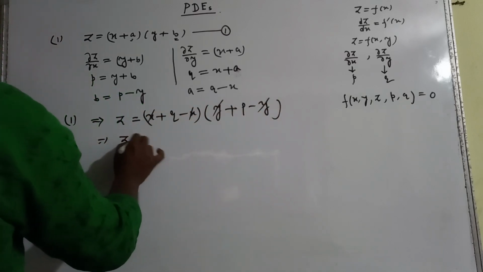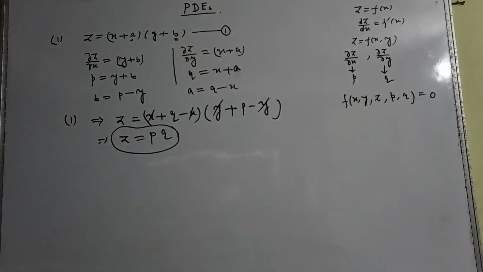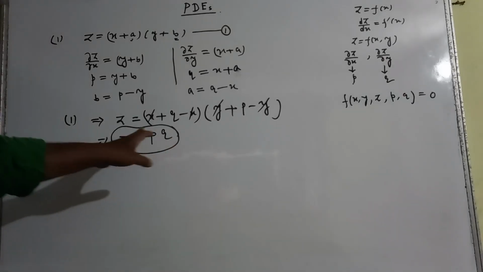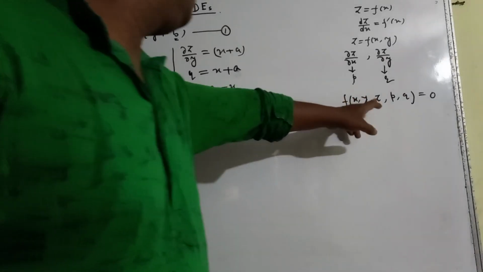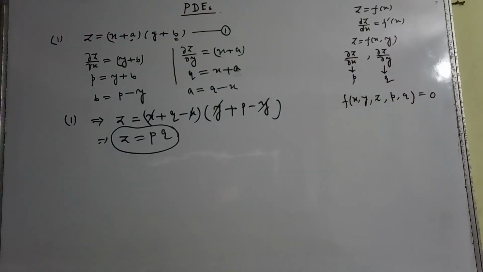That is, z equals pq. There is no arbitrary constant. This is the partial differential equation. The formulation is complete because it contains z, p and q. So this is a partial differential equation. We have eliminated a and b.